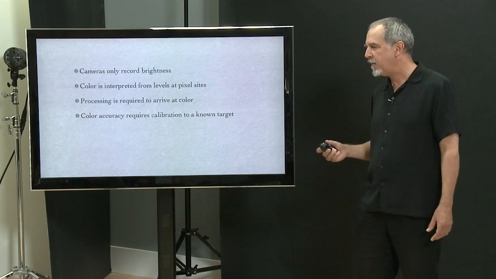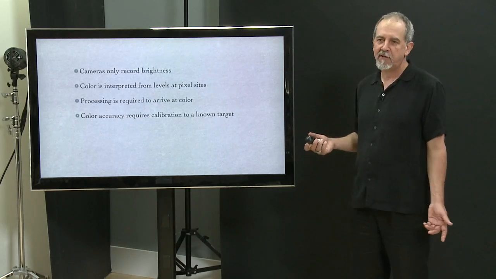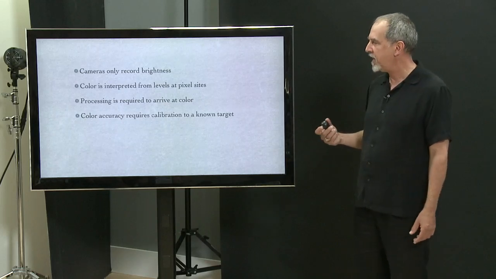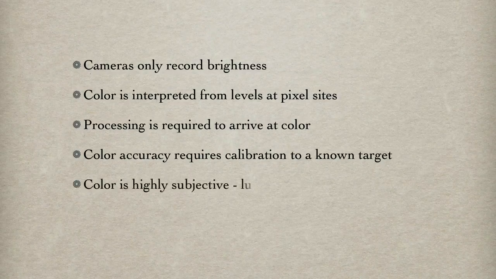We talked yesterday about how people don't really want accurate color, but you have to start someplace. So to get some sort of sense of color accuracy, you have to calibrate your capture to a known target, which is what I showed you yesterday with the color checker target. But in the end, what we consider to be good color is highly subjective.